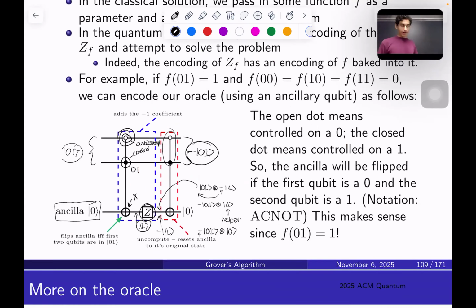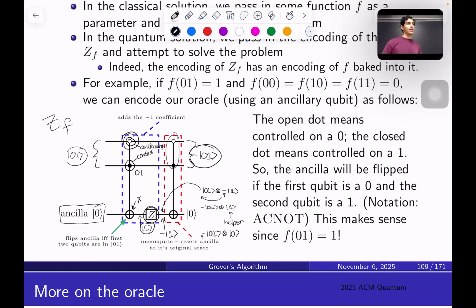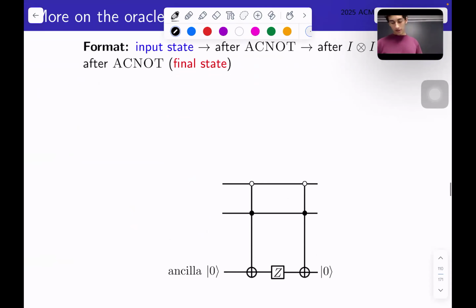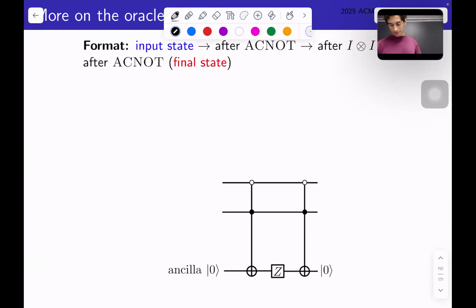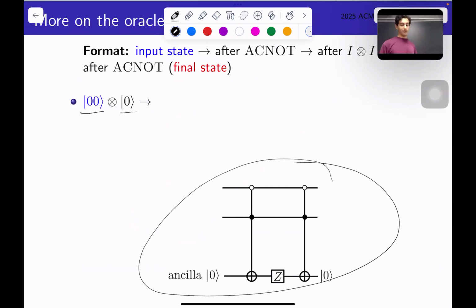Okay. Again, this is our ZF encoding, and that's our oracle, and that'll reflect around the B axis. I already proved that it's right. Let's say this is our same encoding. Let's say you input 0, 0, and then the helper qubit's in 0.